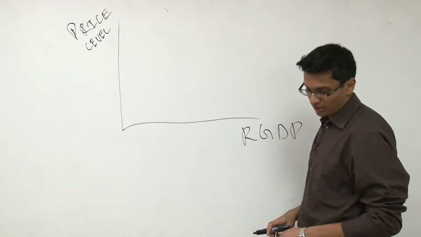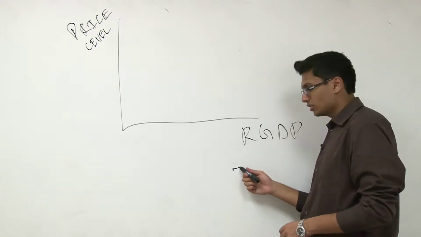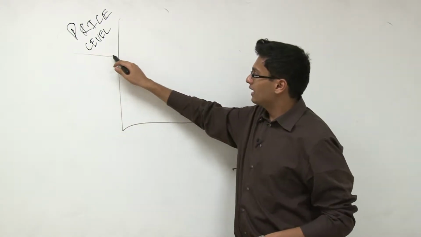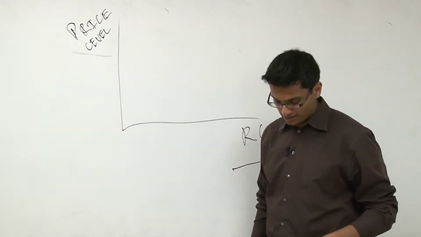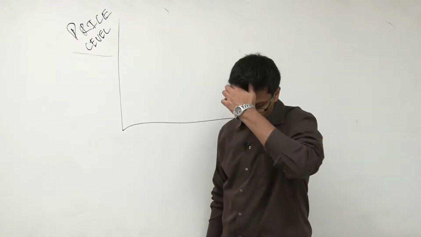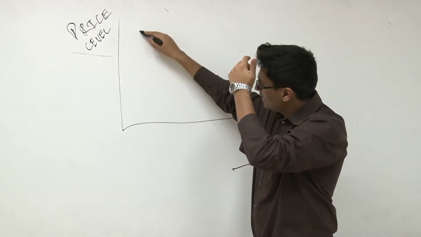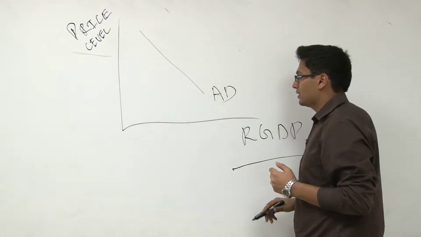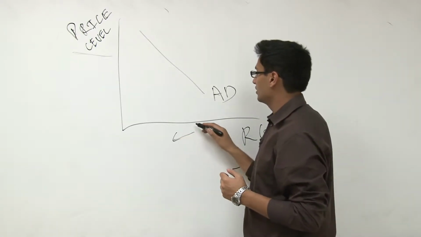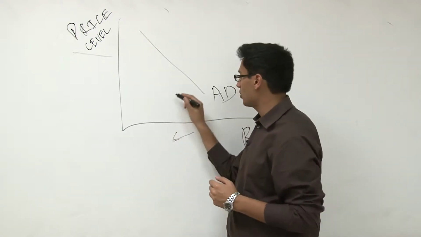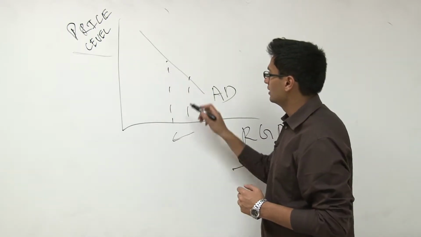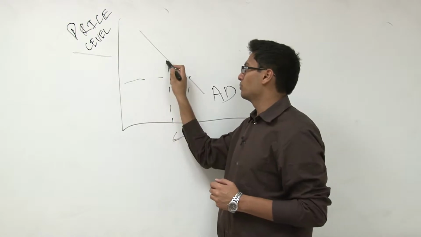So it talks about the amount of spending you're doing on domestic output and the amount that is at your price level, all right? So why is AD downward sloping? Because as you shift your RGDP and you're going towards higher price levels, obviously things become more expensive.